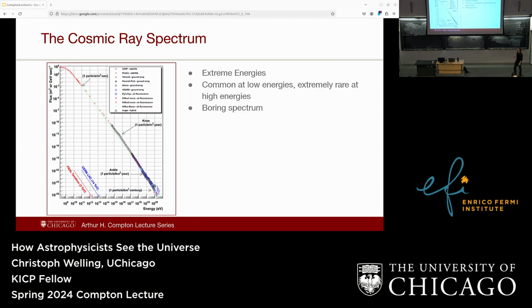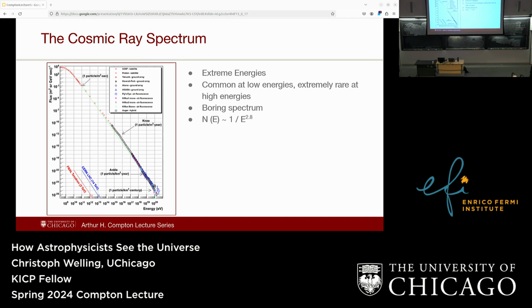Now, the next thing about the spectrum I want to point out is that it looks really boring, right? When we looked back at the spectra for light, we saw all these absorption lines and emission lines and all that stuff. And here we see basically nothing. It's just a line going more or less straight down. There are two features here.